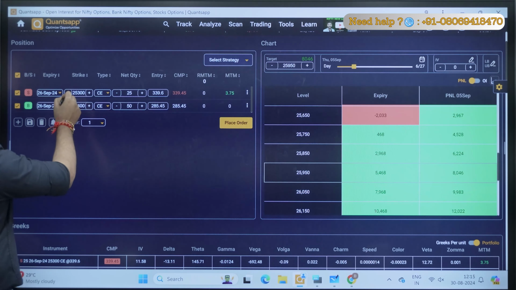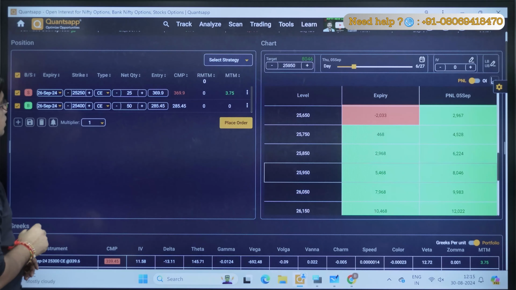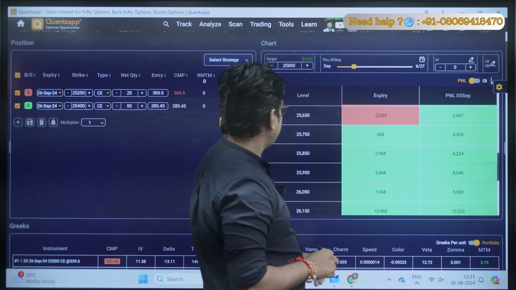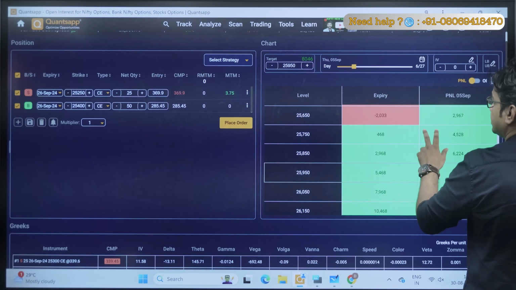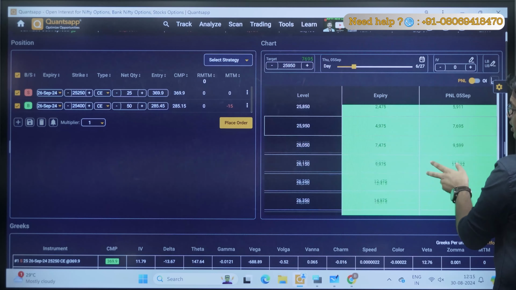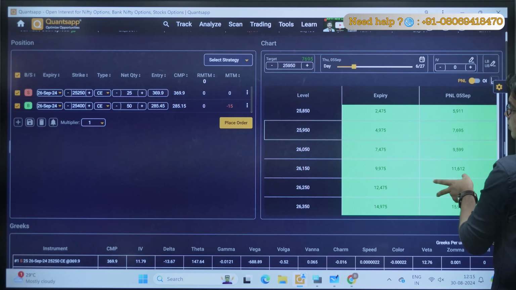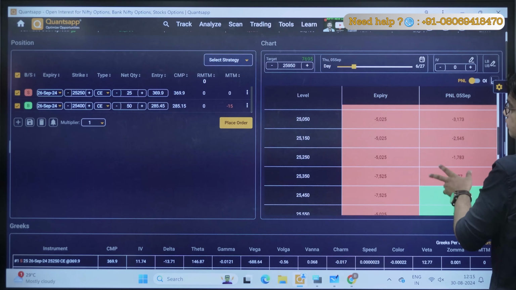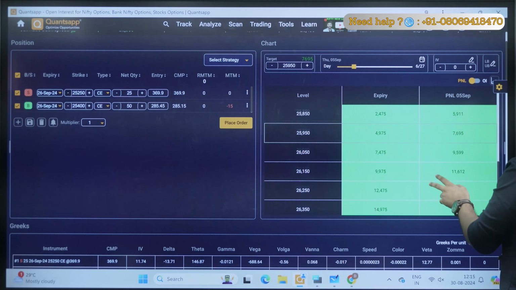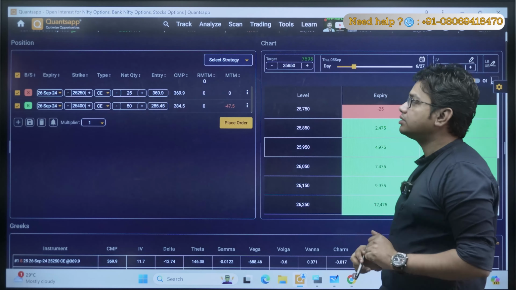Also if I decrease it from 25 to 50, I can see the loss is reduced considerably. Now I can go ahead with the trade, because I want a 1:2 ratio. According to that I can increase or decrease my lot size.